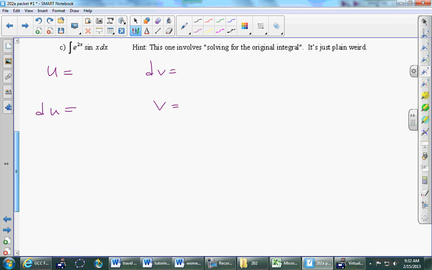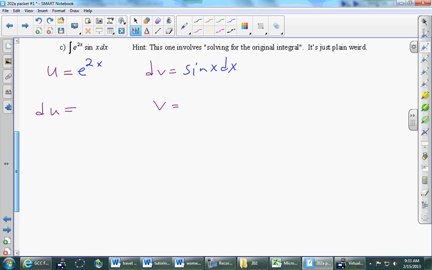But I will say this. Would you rather take antiderivatives of e to the 2x or antiderivatives of sine of x? Yeah, I think a bunch of us see that e to the 2x is going to involve a little u substitution. So just to avoid that, it would still be okay, but just to avoid it, we're going to put the e part over here and the sine over here. Fill in the bottom row.